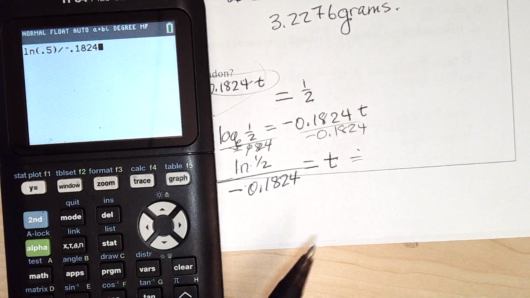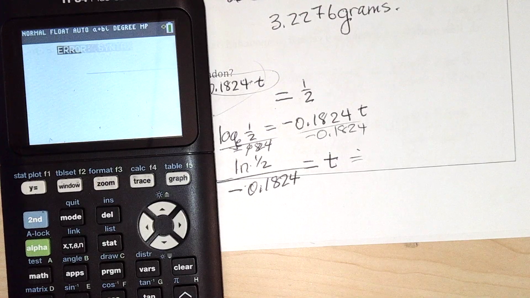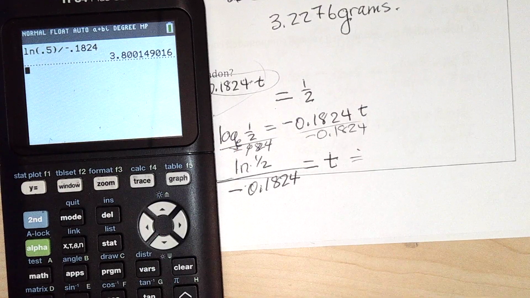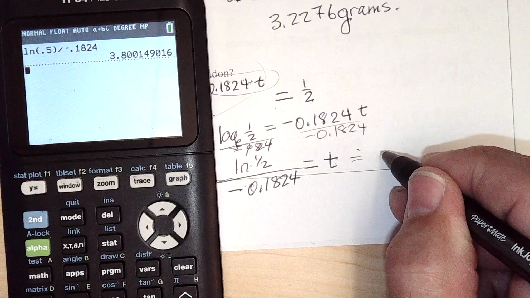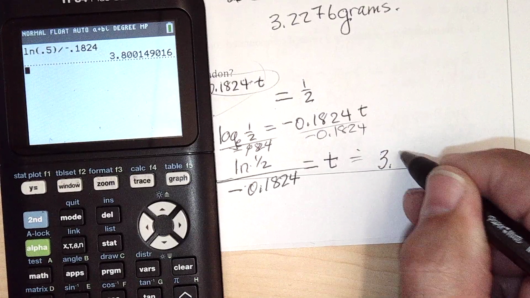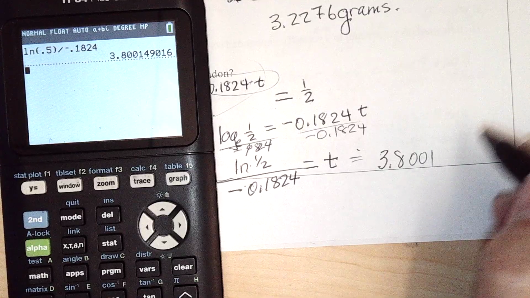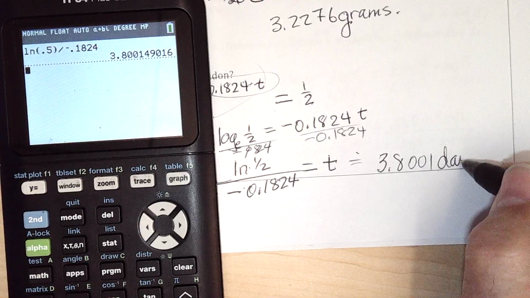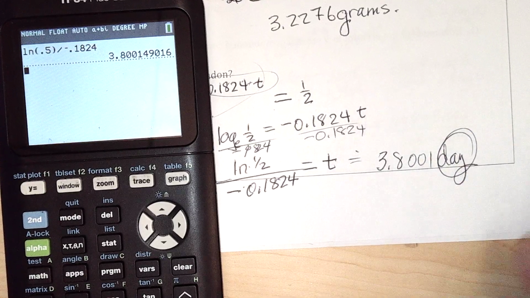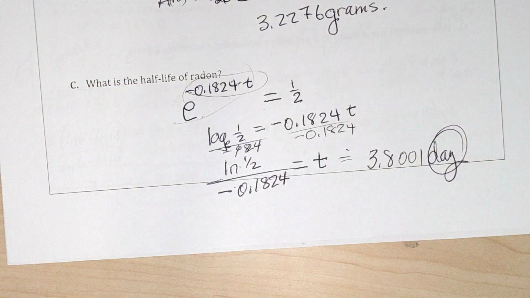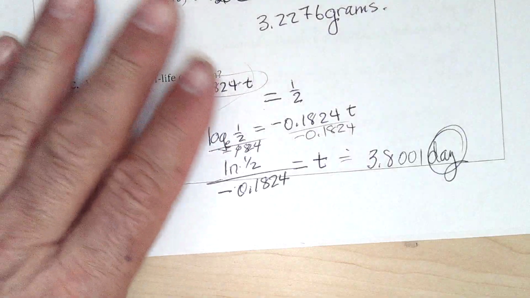I got a parenthesis on the end that I don't need. There we go. And I get the half-life being 3.8001-ish days. That's how long it would take for it to be half gone.